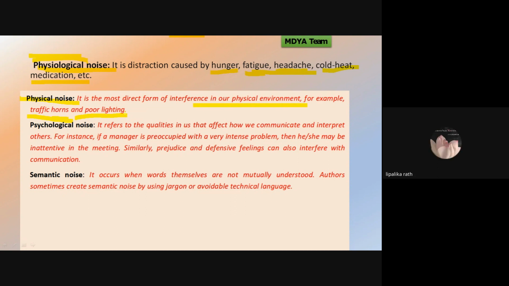Ma'am, maybe some person is unable to hear. What if a person is unable to hear something? No, no. If they are unable to hear because of what?